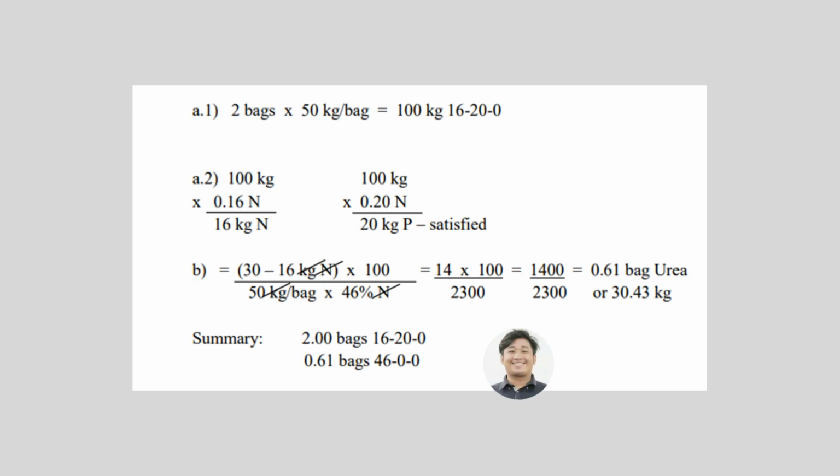So we divide it, and we'll have 0.61 bag of urea, or 30.43 kilograms of urea. So in summary, we need 2 bags of 1620 and 0.61 bags, or 30.43 kilograms, of urea.